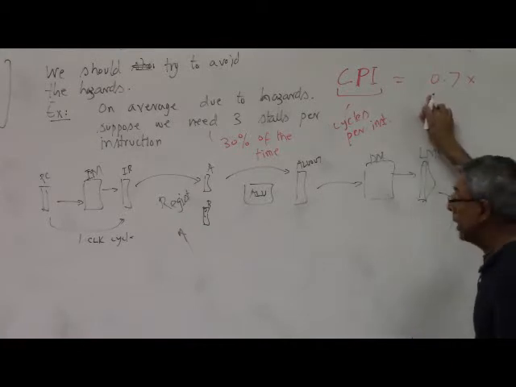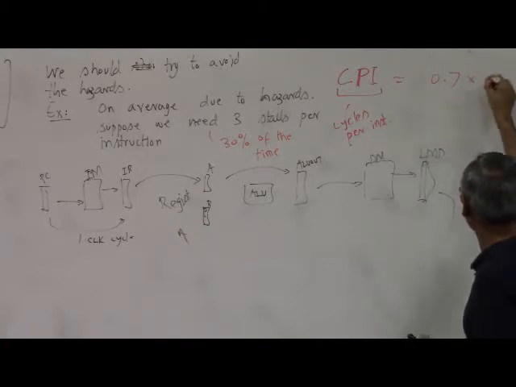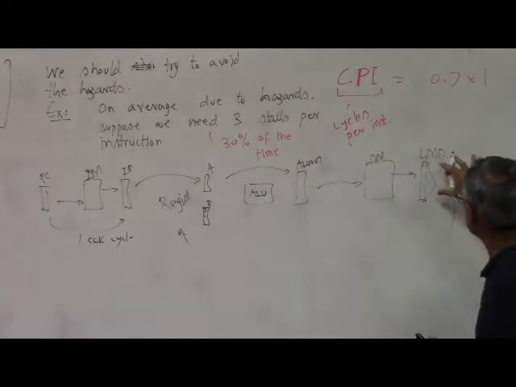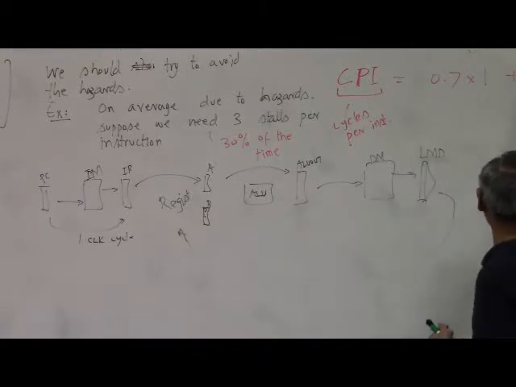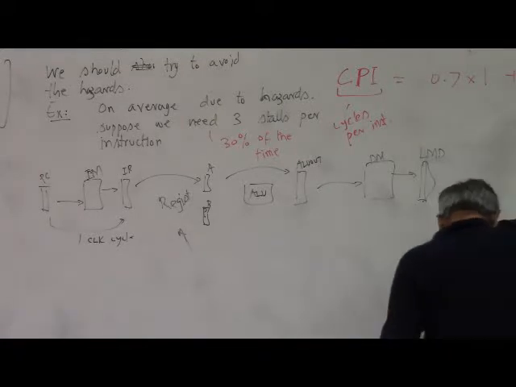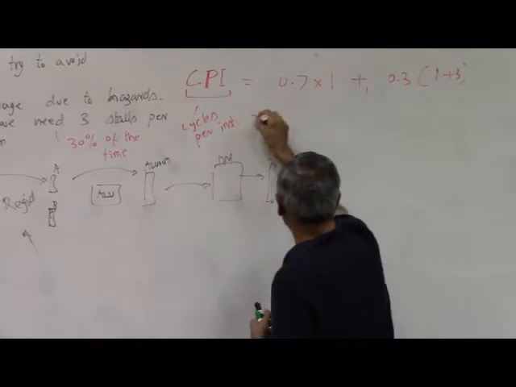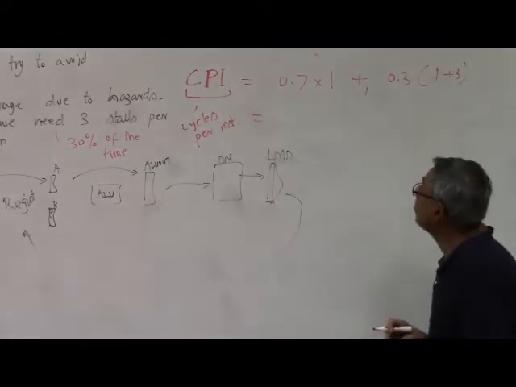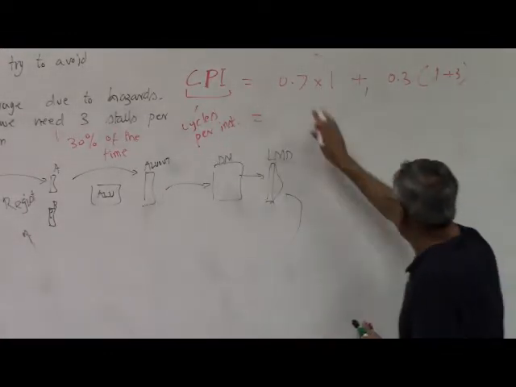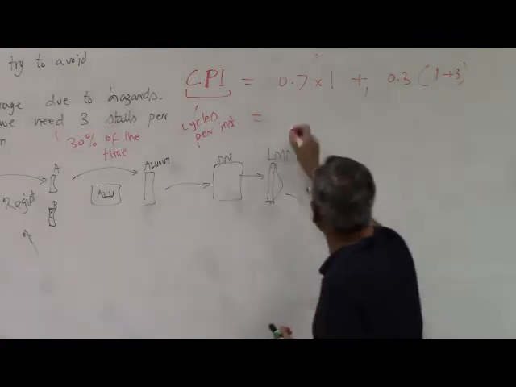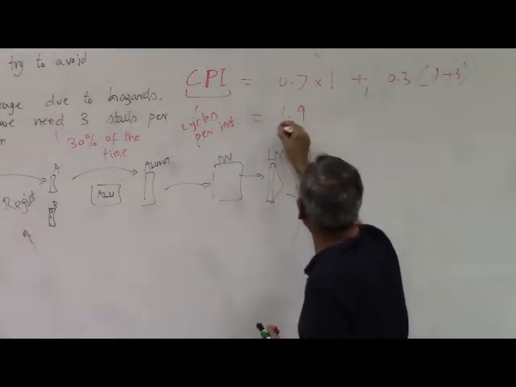Then our CPI will become: 70% of the time we are finishing each instruction in 1 clock cycle, and 30% of the time in 1 plus 3 clock cycles. So what happens to our total CPI? 0.7 plus 1.2 becomes 1.9.